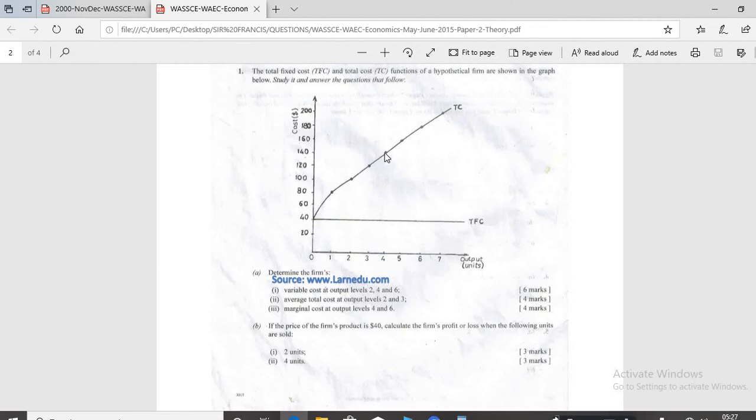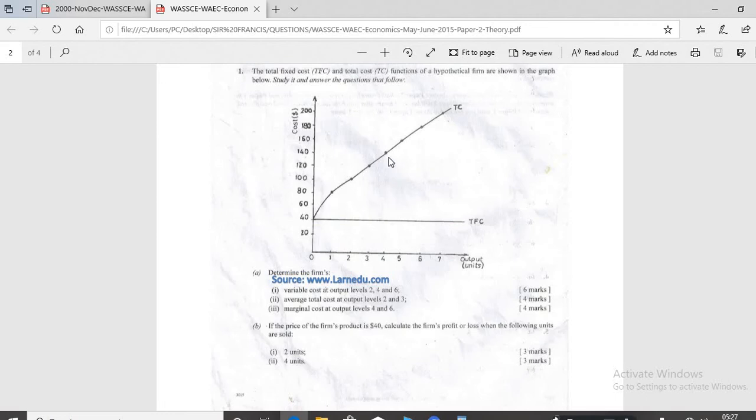From here to this side is 140. I hope I'm right. Let's trace it from 4 outputs. Let's trace it well, because if you don't trace it well, you might get it wrong. So we are getting 140. From here to here, from here also to this side. If you trace it well, you get 140.